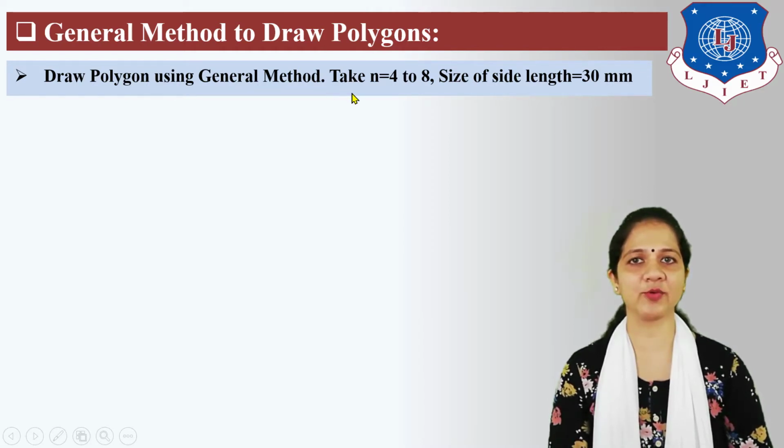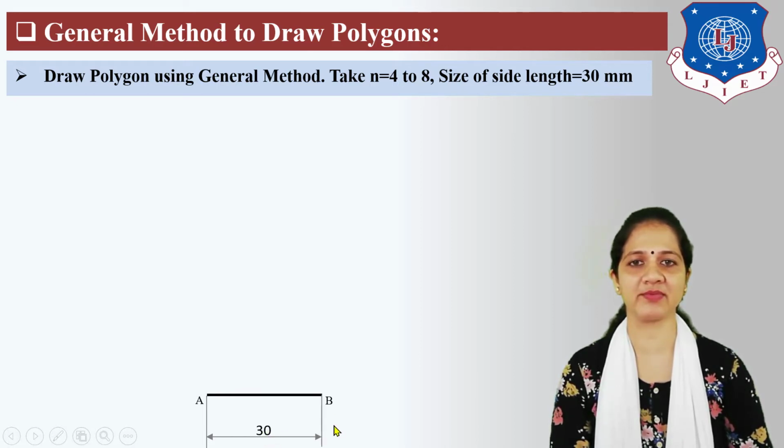Take n is equal to 3 to 8 and side length is equal to 30 mm. Here, first draw side AB having side length 30 mm or 3 cm as per given data.